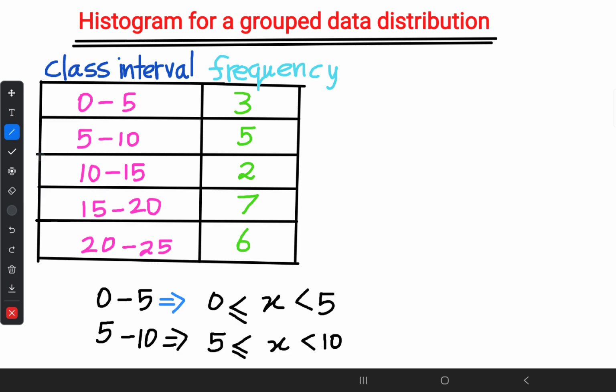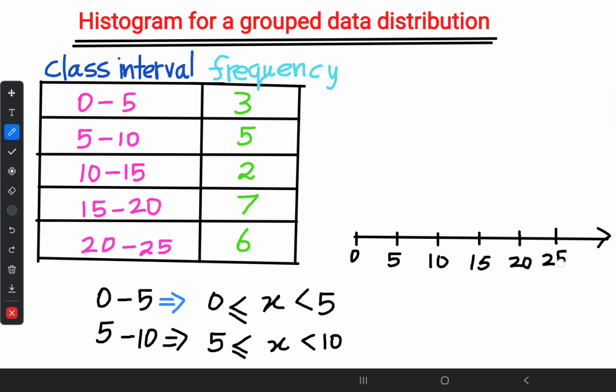So on the horizontal axis, let's draw the class intervals. Starting from 0 to 5, 5 to 10, 10 to 15, 15 to 20, 20 to 25. This is our class interval, for the number of people in the bus.